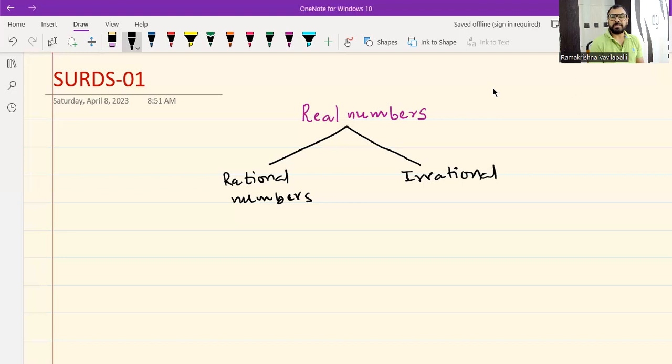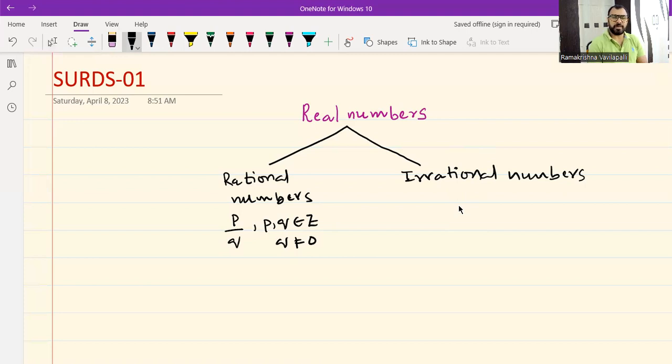So real numbers can be divided into two categories. Rational numbers are in the form of p by q, where p, q belong to Z, and of course q is not equal to 0.